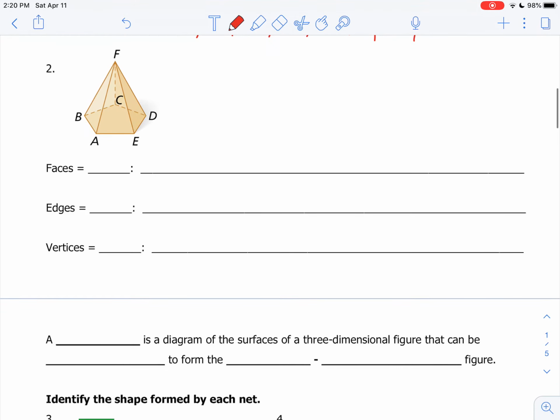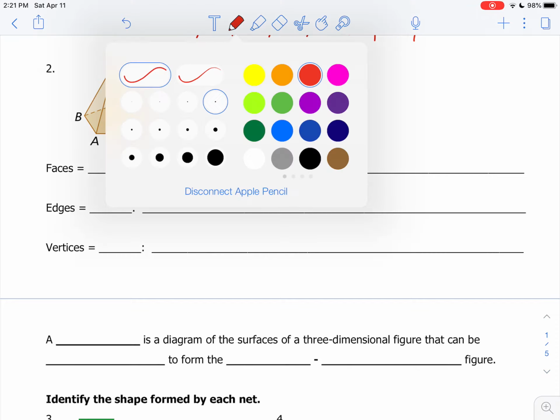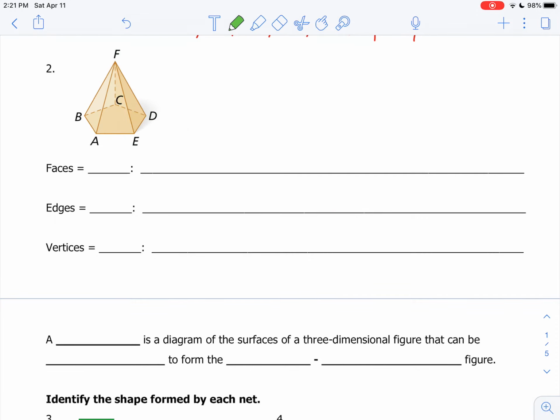All right, so let's take a second before I say it out loud. What would you name this solid right here? How would you name this like we practiced in day 1? Think about it. Did you say pentagonal because the base is a pentagon?